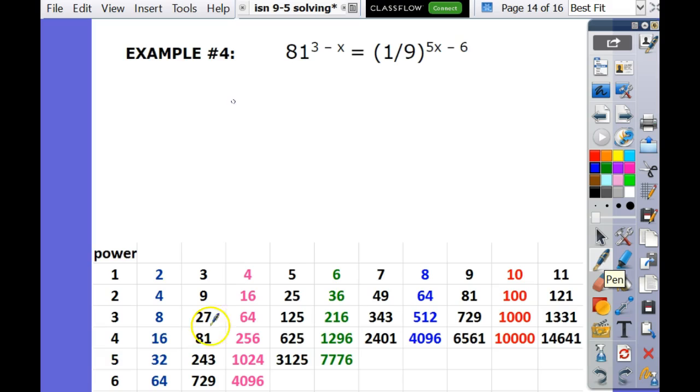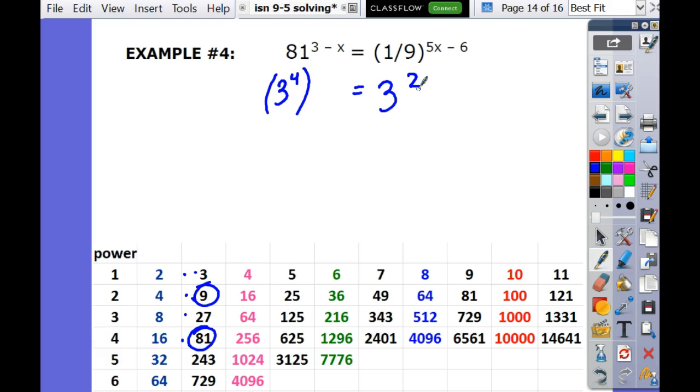Example number 4 has an 81 in it, and it also has a 9 in it. 81 is 3 to the first power, second power, third power, fourth power. 81 is 3 to the 4th power. 9 is 3 squared, but it doesn't say 9.